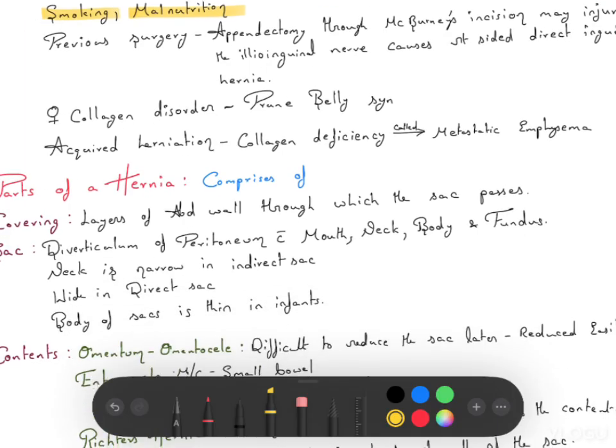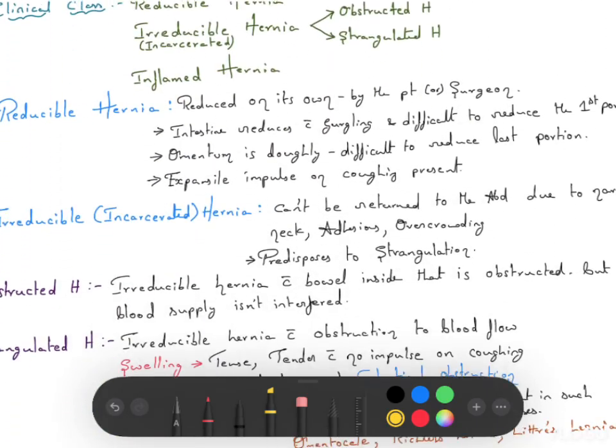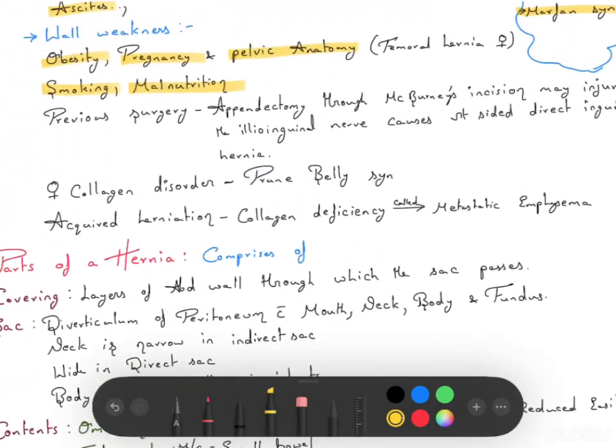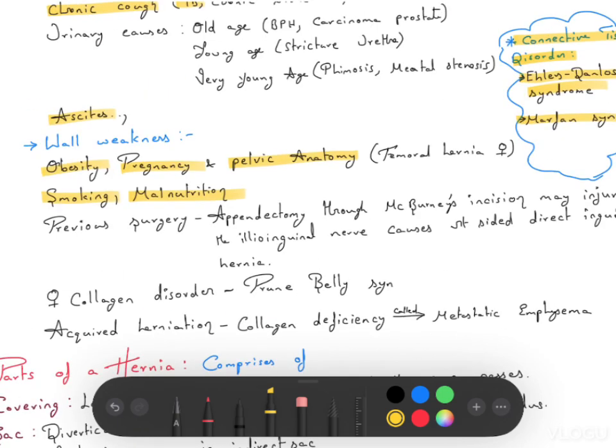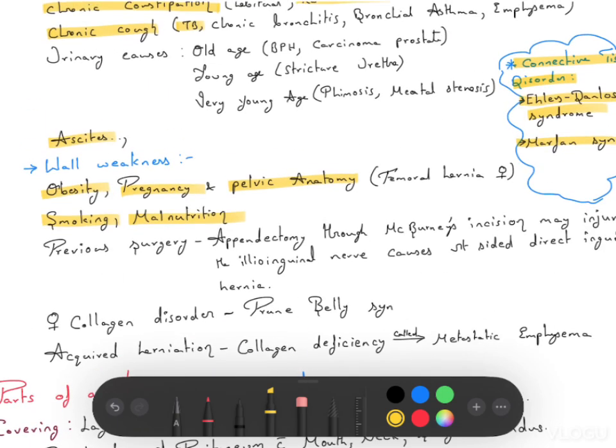So what happens in hernia means we have to understand the pathogenesis of hernia. Whenever a patient has a weak abdominal muscle, the intra-abdominal pressure will rise, then progressively the fascia will become weak, then the peritoneum will protrude.